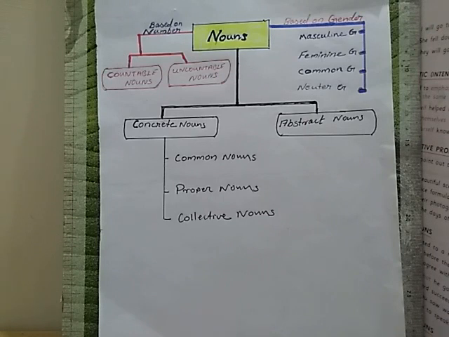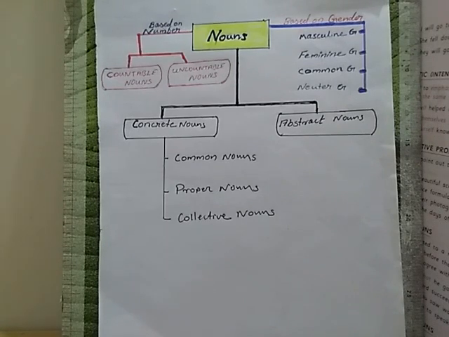And as the next topic we have seen case. Case shows the relation of a noun to other words in the sentence. There are 4 principal cases: nominative case, objective case, then possessive case, vocative case.